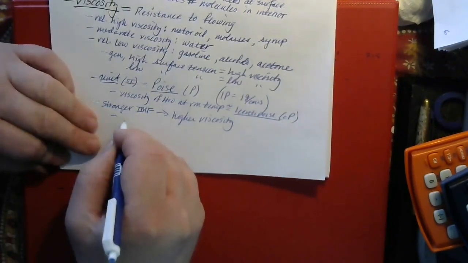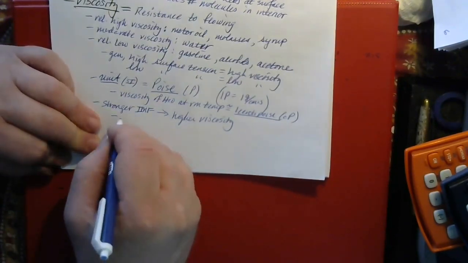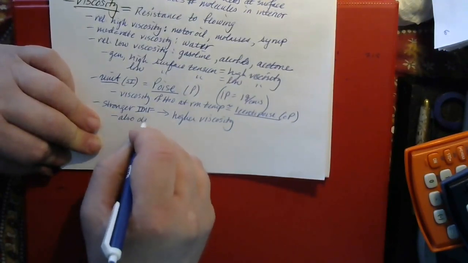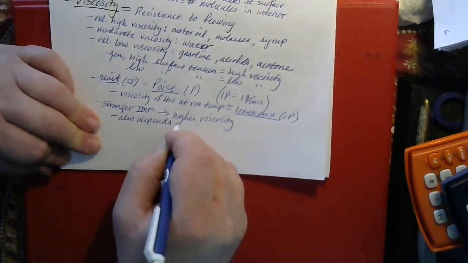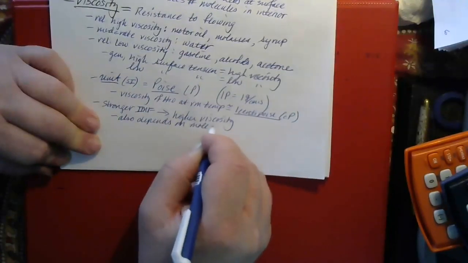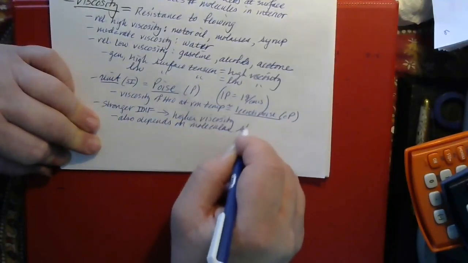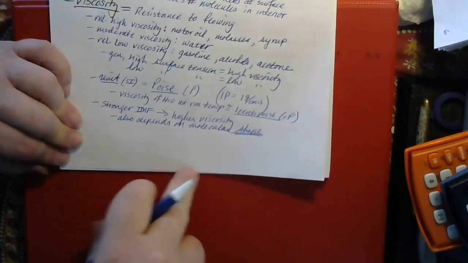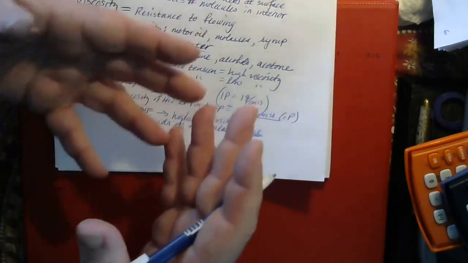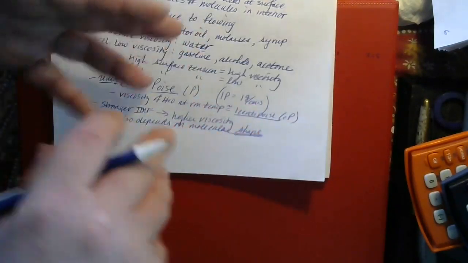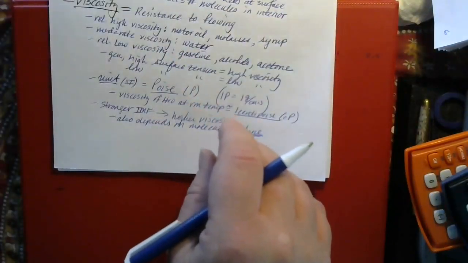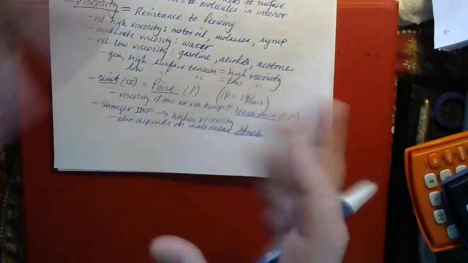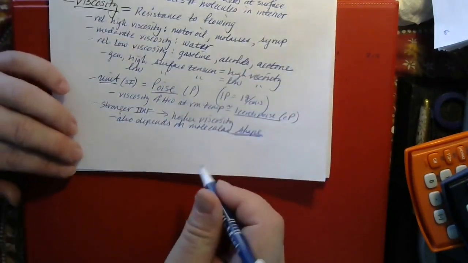But viscosity also depends on molecular shape. And that's because we're talking about things flowing. In order to flow, the molecules have to be able to slide over and past one another in the process of coming out of the container or traveling along a pipe or a tube or something like that.